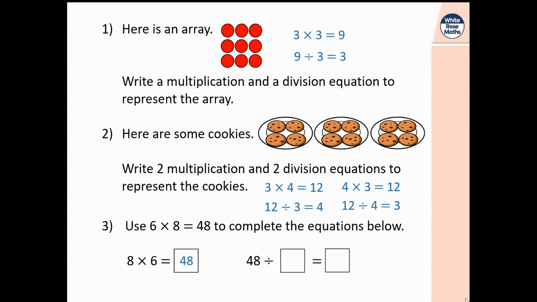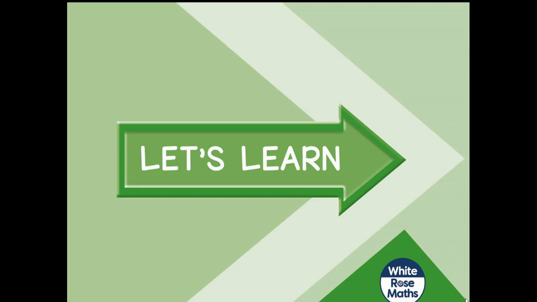Okay, can we do the division then? 48 divided by something will equal what, do you think? Can you use that number fact, 6 multiplied by 8, to help you? That's right, so you could have got 48 divided by 8 equals 6. Or you could have had 48 divided by 6 equals 8. That's right. Okay, so let's go on to our learning for today.